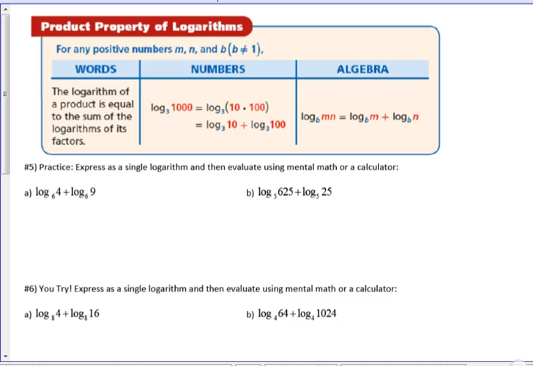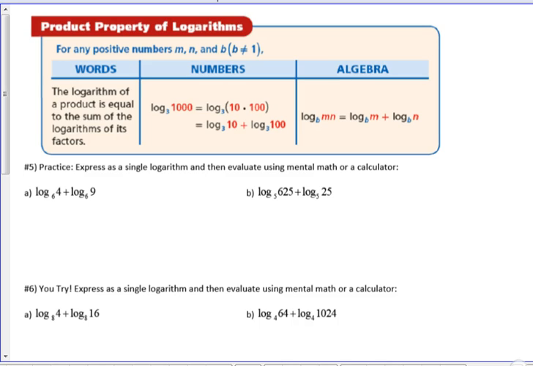All right, so product property of logarithms. In words, it is the logarithm of a product is equal to the sum of the logarithms of its factors. Okay, I gave you an example with numbers.